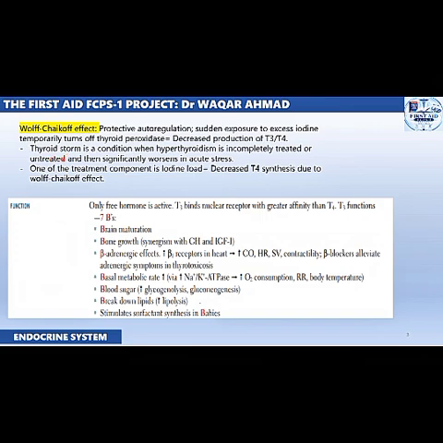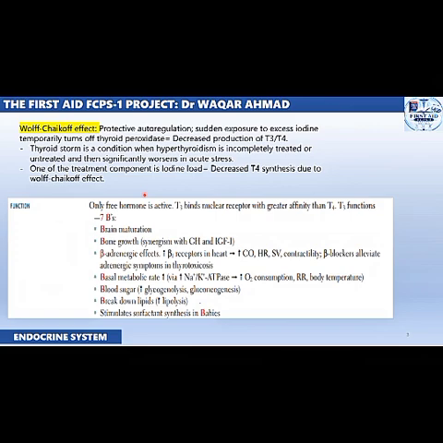When the patient is having hyperthyroidism but is incompletely treated or is untreated at all, and then the symptoms of hyperthyroidism will worsen in acute stress. The patient will be in delirium and agitation, etc. So, the treatment protocol we are going to discuss later on, but one of the treatment components is iodide load. What will happen is sudden excess iodide load will turn off thyroid peroxidase and will lead to decreased T4 synthesis due to Wolff-Chaikoff effect.